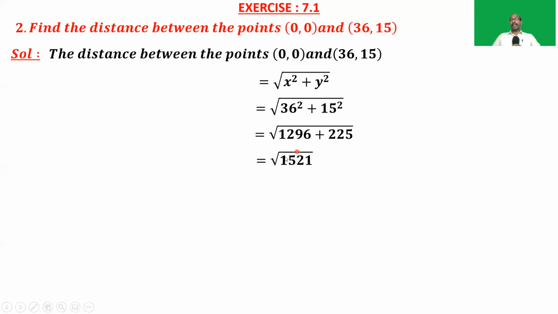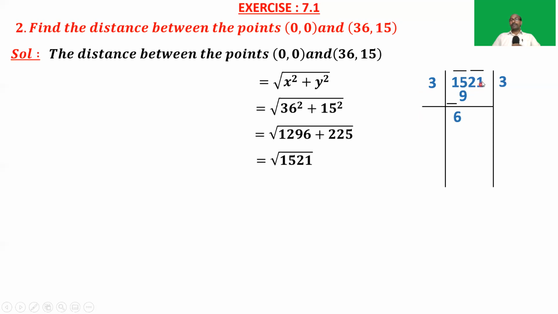So let us find the square root of 1521. So take 1521. Now 3 is a 9, and subtracting from 15 we get 6.